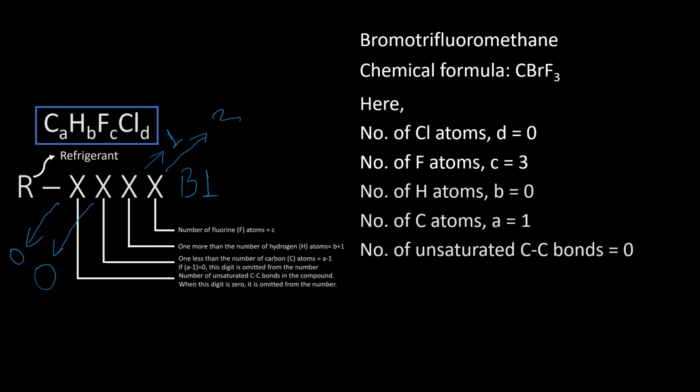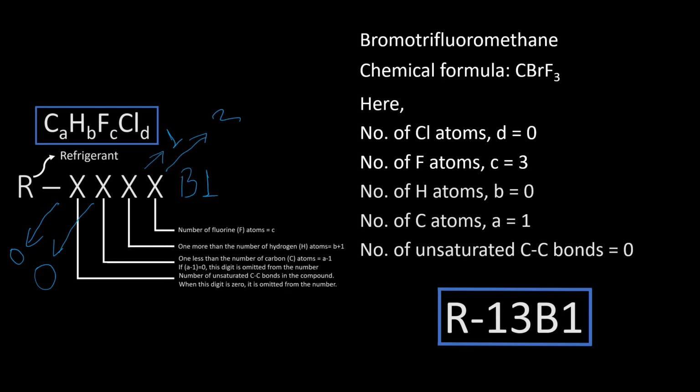Hence, the designation for this compound becomes R13B1. In those instances where iodine is present in the compound, the same rules apply, except that uppercase letter I is added after the designation of the parent chlorofluoro compound, showing the presence of iodine. The number following the letter I shows the number of iodine atoms present.